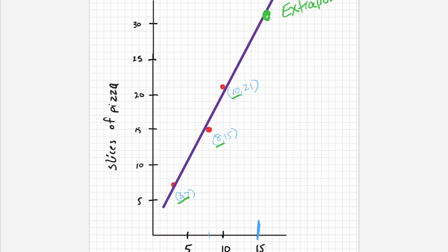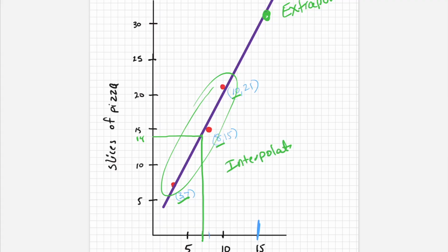And let's say that the next time he wants to have a party, he's only going to have 7 people over. Well, I could go up to here and say it looks like that's about 14 slices of pizza. Because that's within my data set, inside of my data, that would be an example of interpolation. Don't worry about this. There's a place to write this stuff down later on.